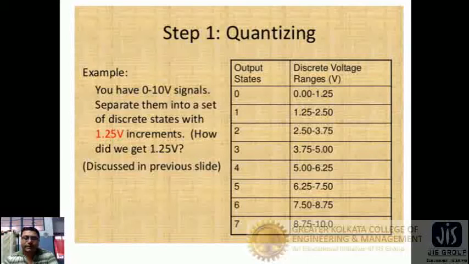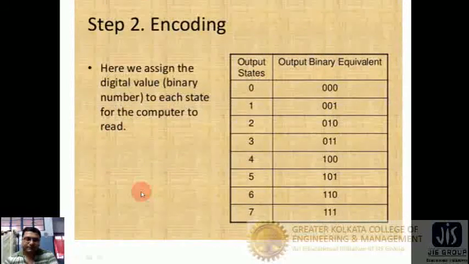We have to break the whole analog domain into a discrete domain. You can see the whole analog range starting from 0 to 10 volt, which is the limit of this range. The whole range is divided into 8 states starting from 0 up to 7. So in this way, we quantize the whole system.